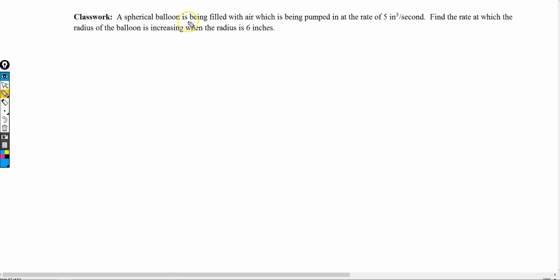So we have here a spherical balloon that's being filled with air, and the air is being pumped in at the rate of 5 cubic inches per second. We want to find the rate at which the radius of the balloon is increasing when the radius is 6 inches. So let's draw a picture here. So we have a balloon.